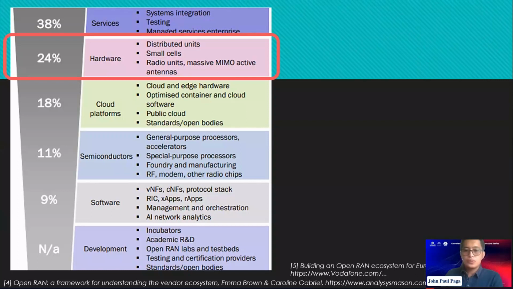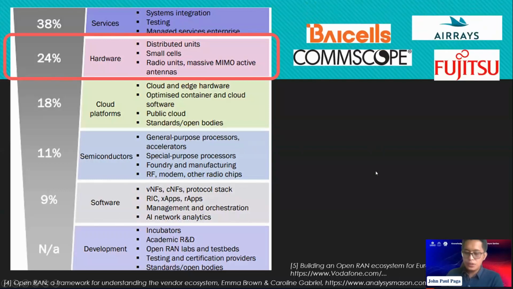So who are these vendors? Let's look at them. For the antennas, there are Bicsell, CommScope, Arrays, and Fujitsu that could bring in the MIMO antennas that we are looking for.